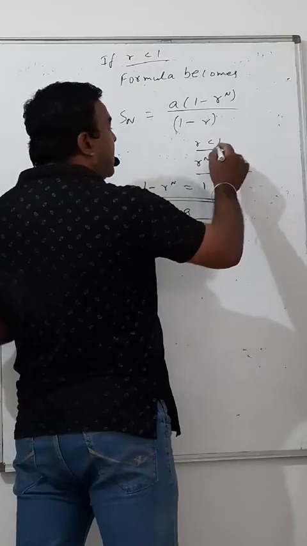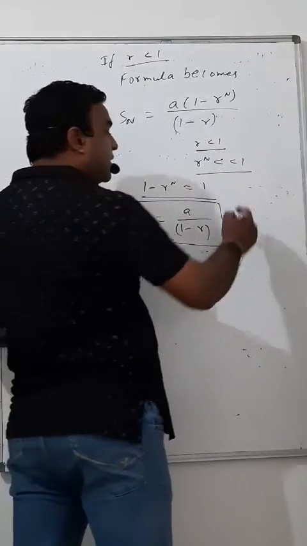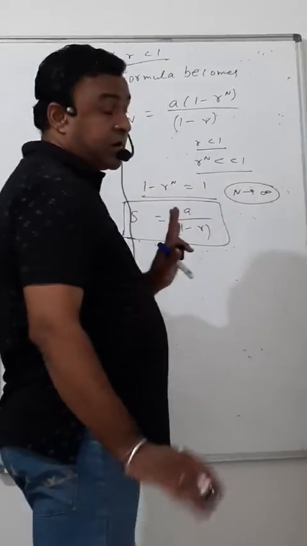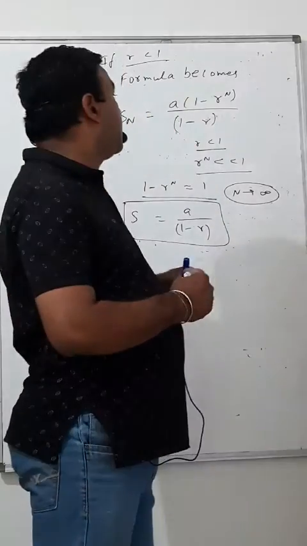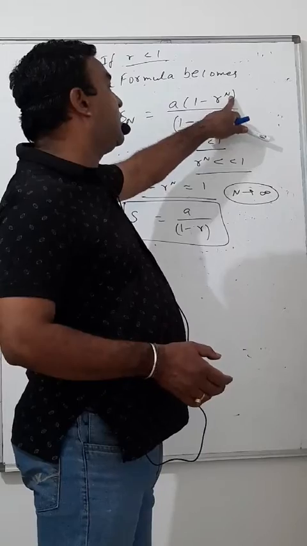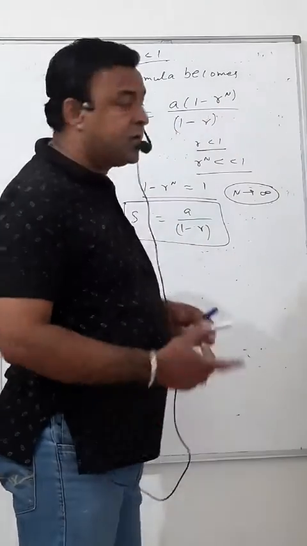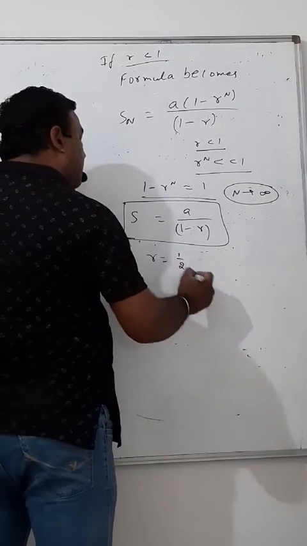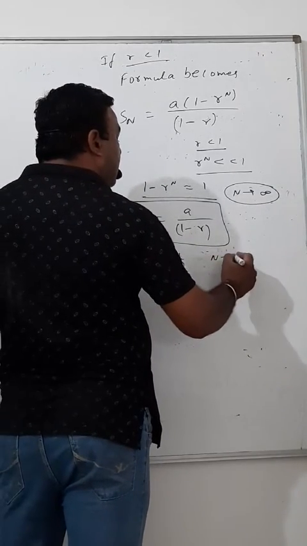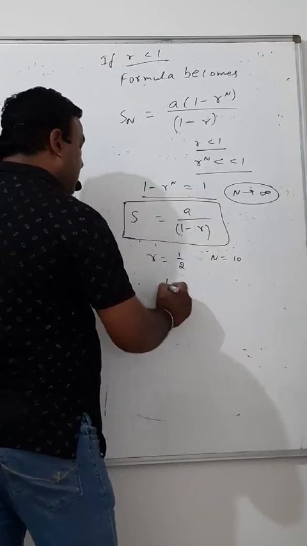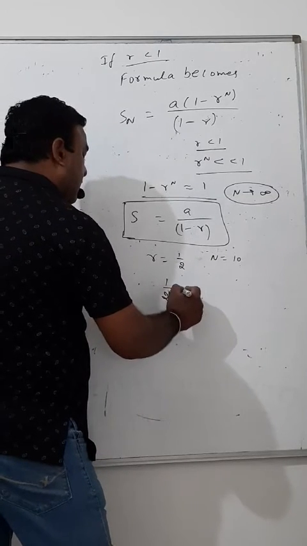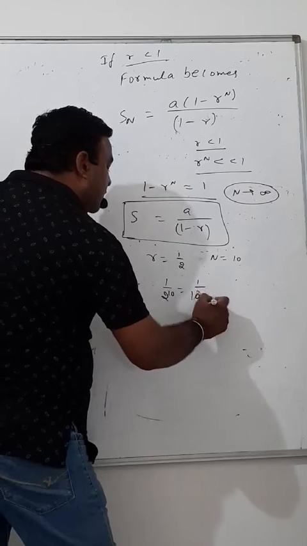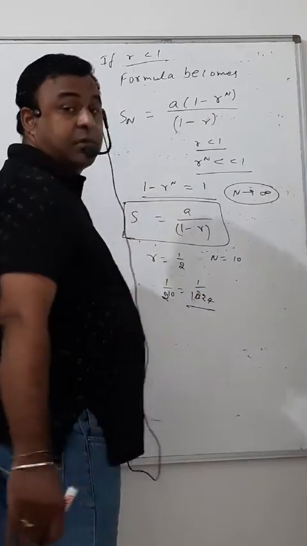Theoretically it is said in many questions that n tends to infinity. If it tends to infinity, definitely r^n will become 0. I take an example. You take r equals 1 by 2 and n equals 10. Then 1 by 2 to the 10 is 1 by 1024, a very small number.